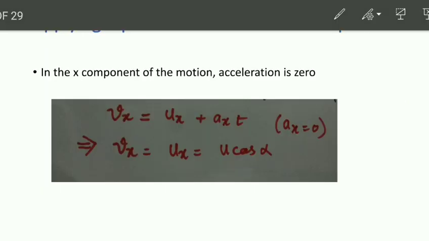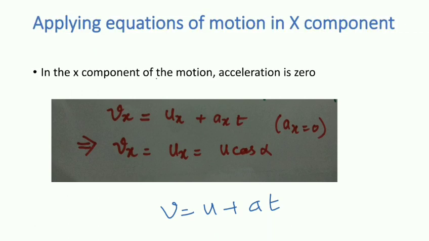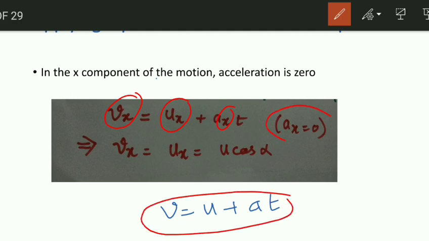We will be using simple equations of motion like v is equal to u plus at. Exactly the same equation we will be using what we used in 1D motion. Here we are just adding vx, ux and ax to this equation, and here ax is equal to 0 since in the x direction there is no acceleration.